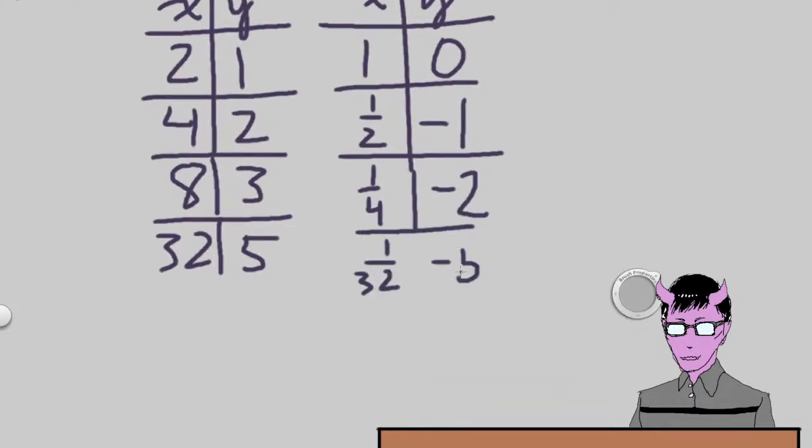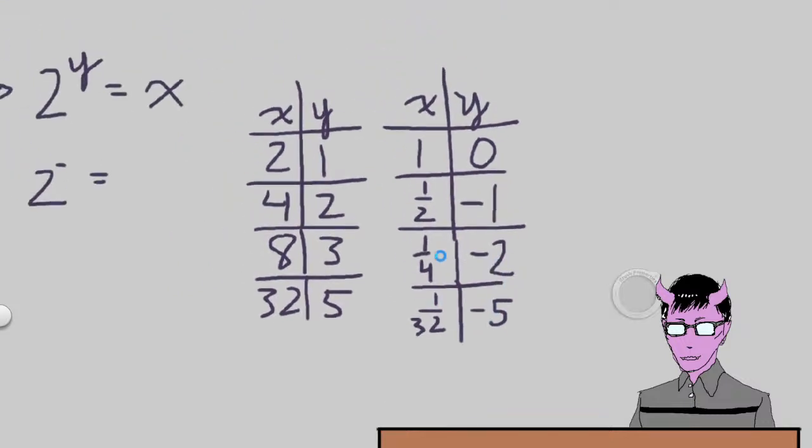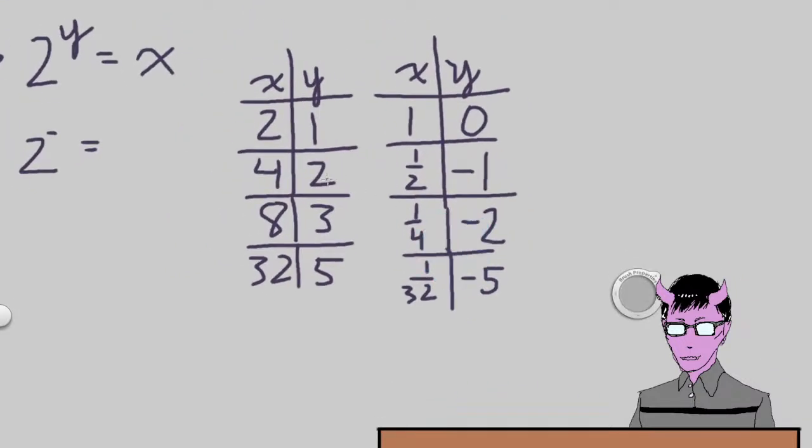So just keeping track of the trends. As x increases, the y values increase. As the x value decreases, the y value decreases as well.